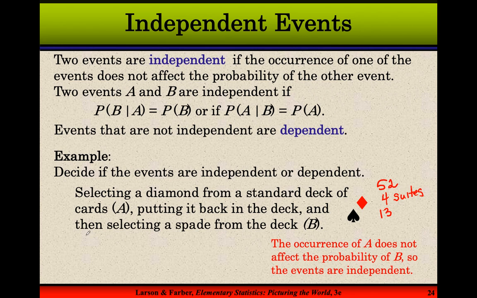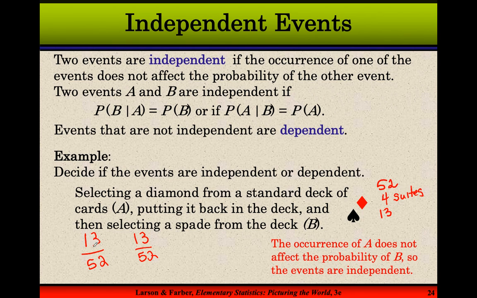So the probability of picking a diamond is 13 out of 52, or 1/4. I've put the card back now. What's the probability that I pick a spade? Well, it's also 13 out of 52. So because I put the card back in the deck, this probability hasn't been affected by what I did first.